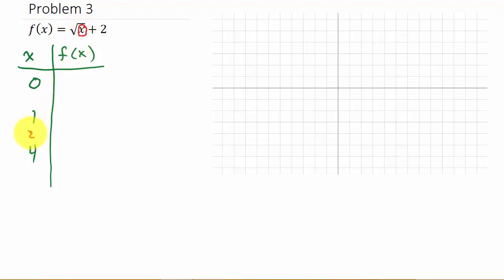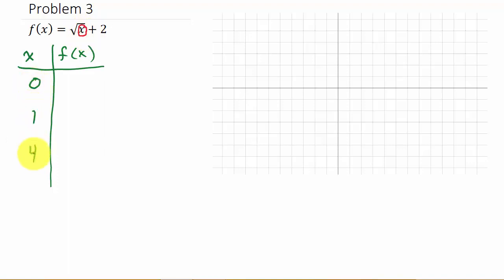But if I plug 2 in, the square root of 2 is a decimal. You can choose 2, but it'll make it a little more difficult to plot the points because you're dealing with decimals. Just try to pick numbers where you'll get a perfect square.